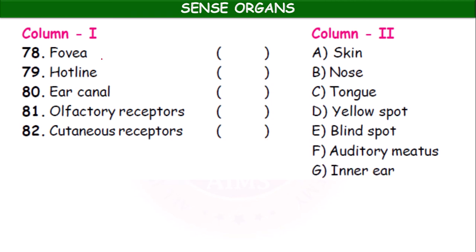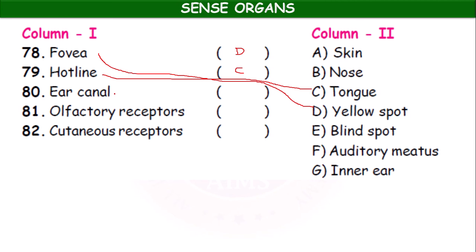Next, similar type question. Fovea, here also yellow spot. It is the region where more rods and cones are present. D. Hot line is the irritation of the taste due to chili powder or green chili, so tongue.